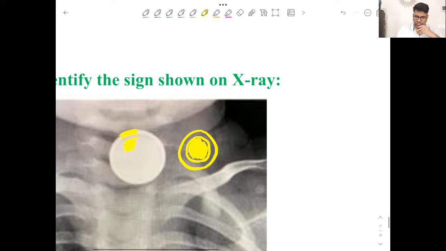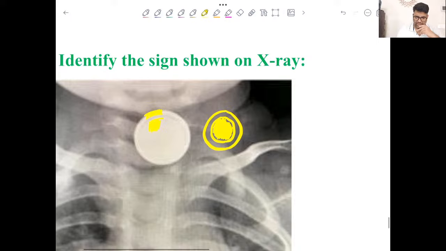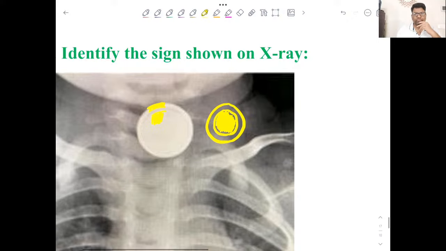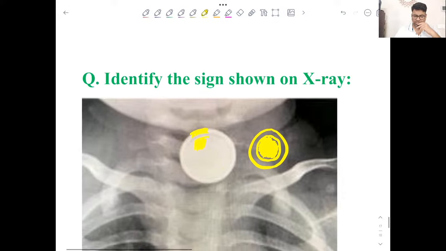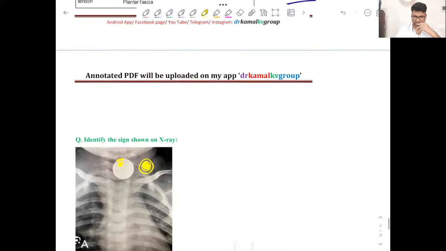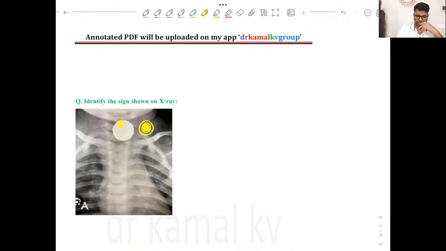Okay, so this is known as the double ring sign, and that is a button battery actually, which has been ingested by the patient, usually a child, accidentally, right? So this is known as the double ring sign, and this is one way to differentiate this from a coin, right? So this is actually a button battery double ring sign, right?